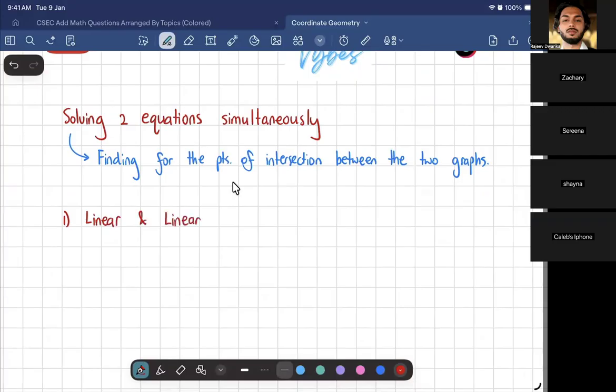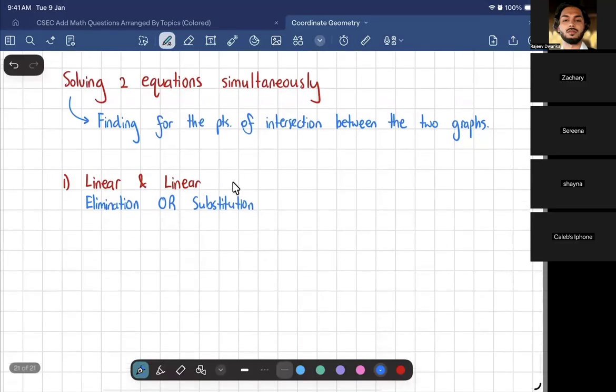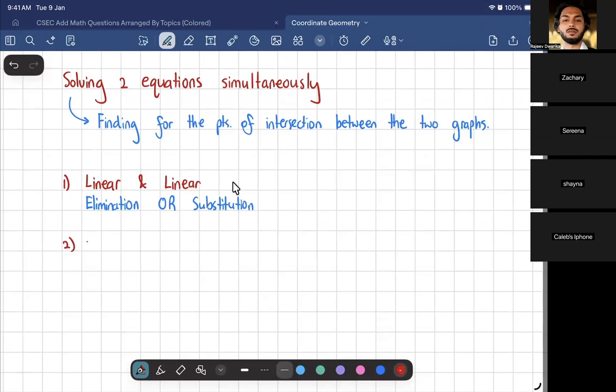If you have a linear and a linear equation, you could either use the elimination method or substitution. All right. The second type, which is the one we have to face in Add Maths, would be a linear and a nonlinear. Could you guys just give me an example of some nonlinear functions? Like the names for them?